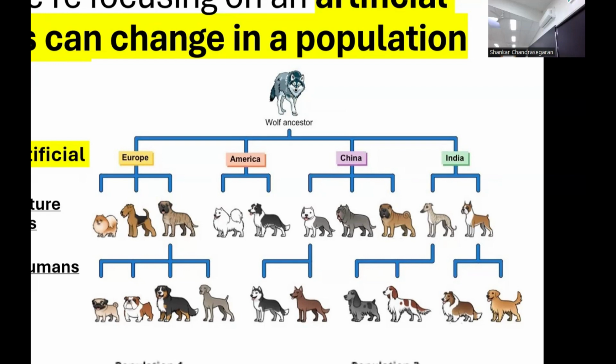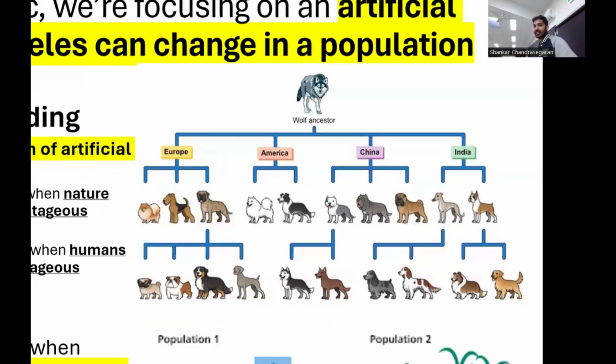By selecting for that one trait, we have given rise to all the dogs that we have now. Not all of them, but most of the dogs we know are bred to be very tame and very responsive to humans, because we have selected for those traits within the wolf ancestors that started off, and then eventually we got to the dogs that we know of today.